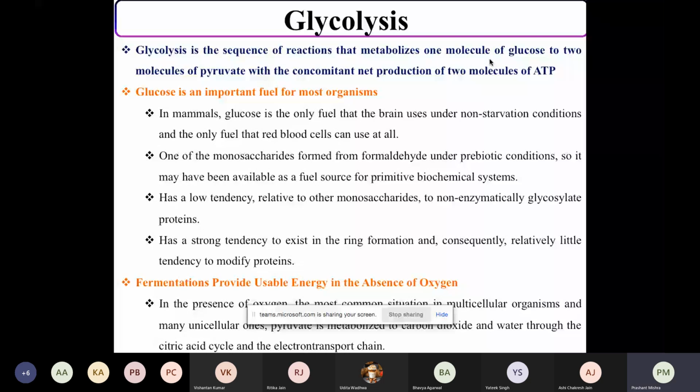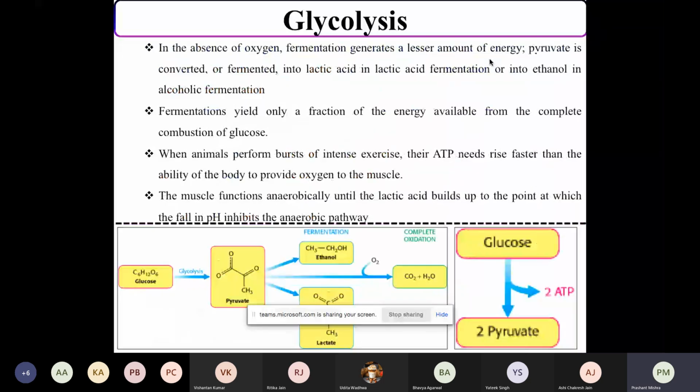Is it clear to you? When excess oxygen is present, the complete breakdown of glucose occurs. When oxygen is not sufficient, or the conversion of glucose is happening in the absence of oxygen, fermentation occurs. So what does fermentation actually mean?